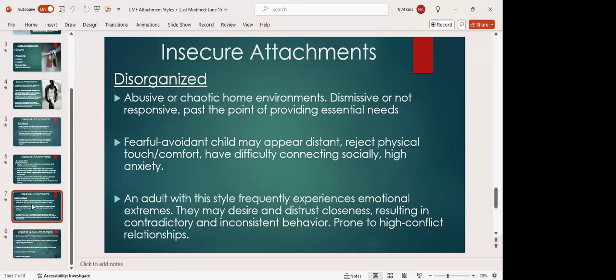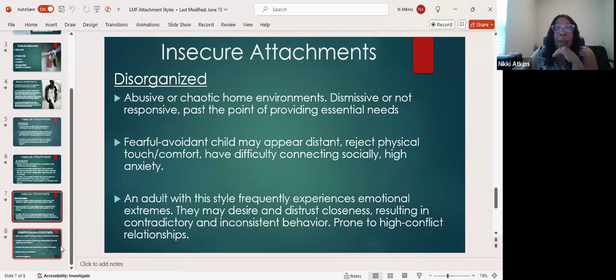So at the end where it says prone to high conflict relationships, what does that mean again? They seek out relationships where there's a lot of chaos. There may be verbal or physical abuse, but there's always a lot of fighting and disagreements, and none of it is being handled in a healthy way. Conflict or chaos feels normal to them because that's what they take from their childhood.